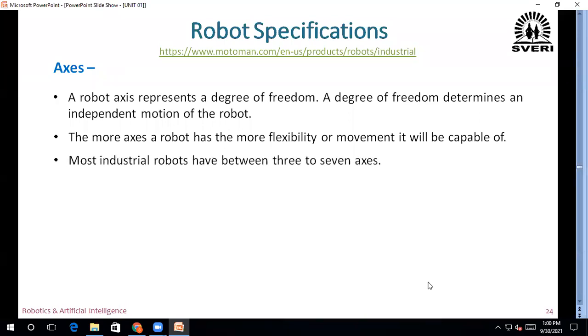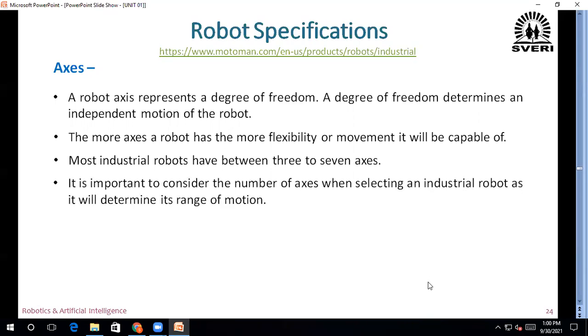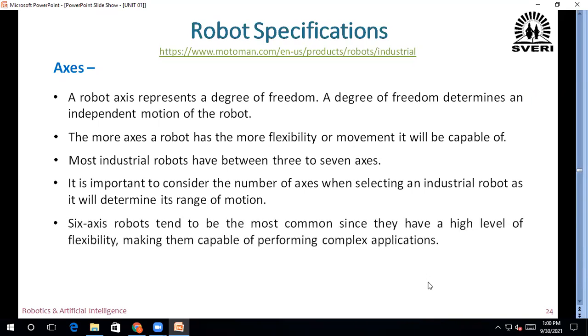Most industrial robots have between 3 to 7 axes. It is important to consider the number of axes when selecting an industrial robot, as it will determine its range of motion. 6-axis robots tend to be the most common since they have a high level of flexibility, making them capable of performing complex applications.